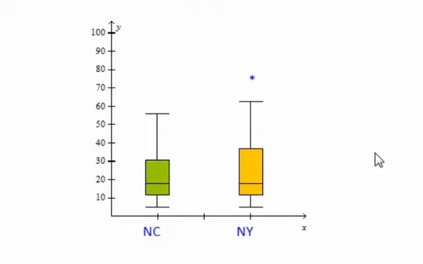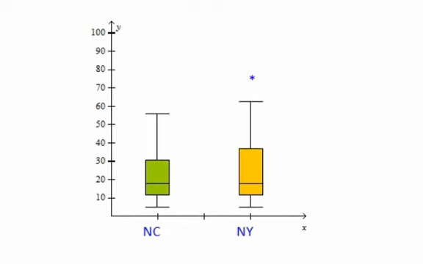The spread of travel times is also more variable in New York, as you could tell by the length from the smallest number to the largest number, which actually is way out there. And the outlier is way out here, it's 85 minutes.